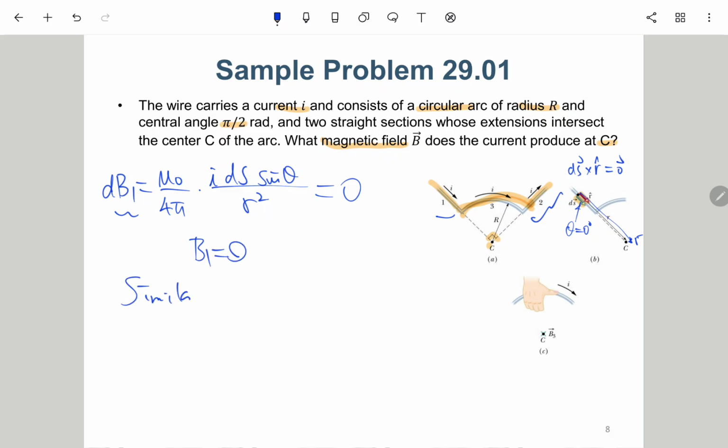Similarly, B2 equals 0, since theta equals 180 degrees, and sine of 180 degrees also equals 0.